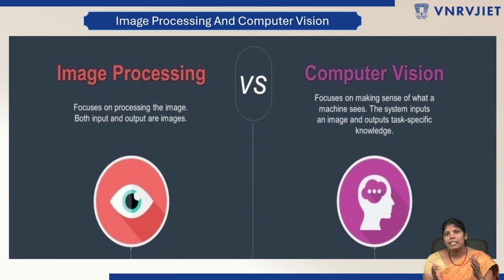Here we are interpreting the data from the image. After interpreting the data, you can use it further, either to take decisions based on that interpretation, or we are providing intelligence to the system with the help of images. That is the main objective of computer vision.